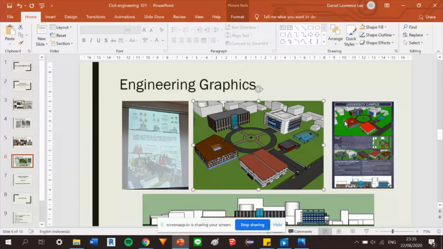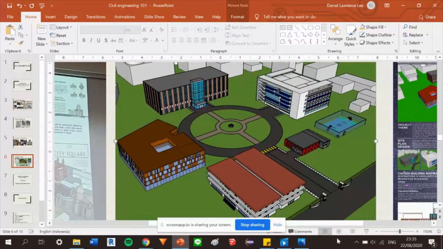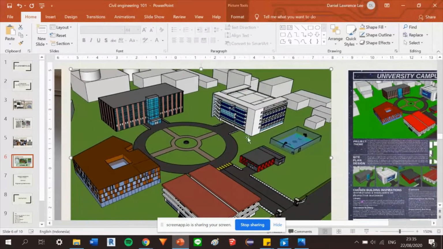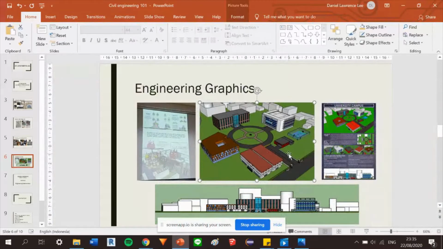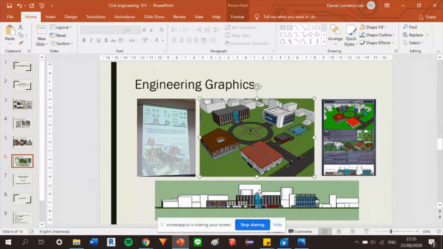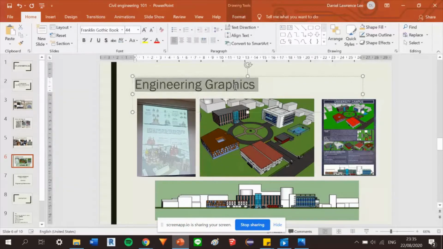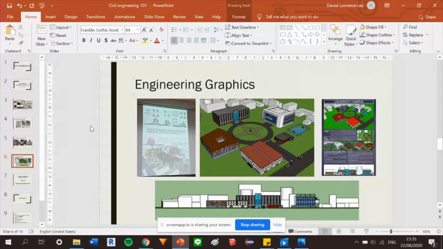Here we designed a university campus and all the buildings inside it. There are several buildings here. We designed it using this application called SketchUp, and then this is how it looked. Yeah, it's very fundamental to the civil engineering world. And it's a lot of fun as well because you get to use and know a lot of applications.